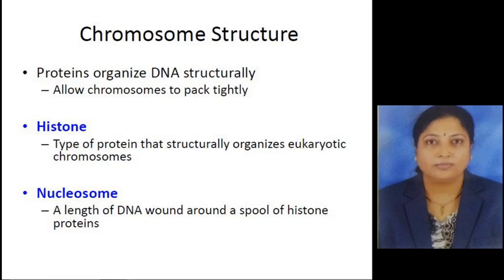Then the nucleosomes. The length of DNA wraps around a pool of histone proteins. Each nucleosome is composed of DNA wrapped around 1.65 times around 8 histone proteins. Nucleosomes fold up to form 30 nanometer chromatin fibers, which loop, averaging 300 nanometers in length.